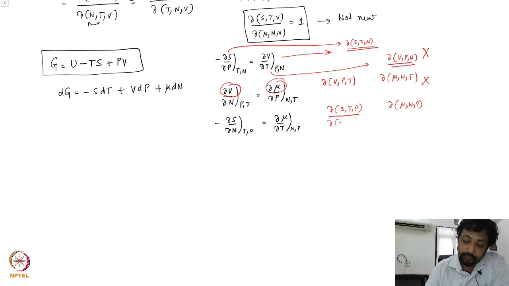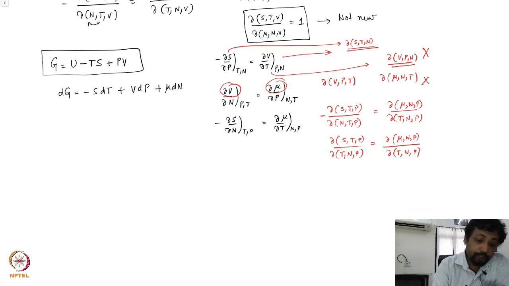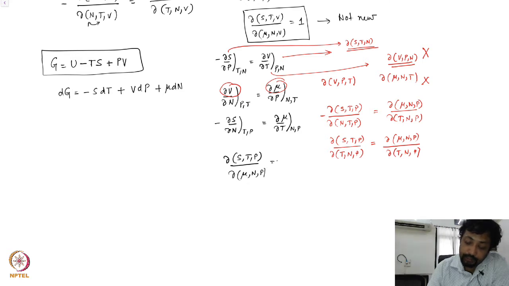So let's then write del of S, T, comma P equal to del of mu, N, comma P over del of T, N, comma P. With the minus sign here, I'm going to absorb the minus sign in the denominator to give you del of S, T, comma P over del of T and P equal to del of mu and P over del of T and P. So you come up with a new Maxwell's relation, which is del of STP over del of mu NP is equal to 1.